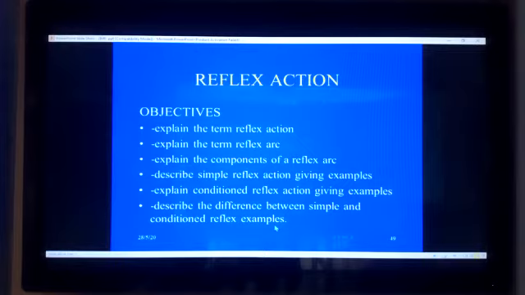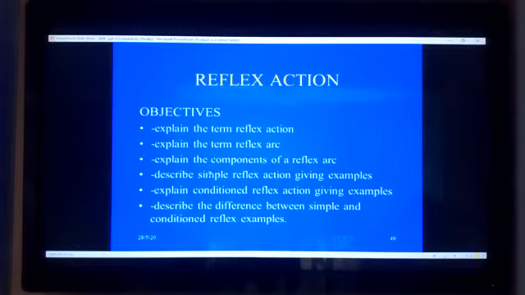Objective number one, by the end of this session, I expect you to be able to explain the term reflex action. Number two, you explain the term a reflex arc, and you should be able to differentiate between a reflex action and a reflex arc. Then number three, explain the components of a reflex arc.